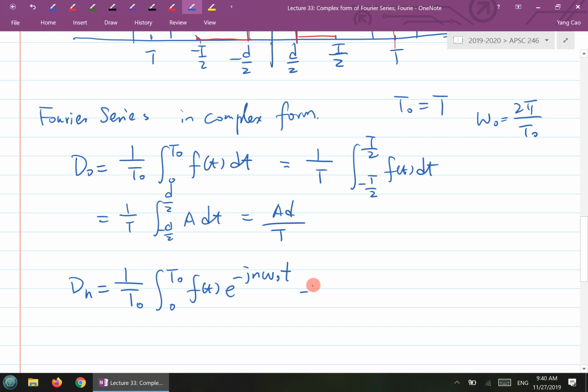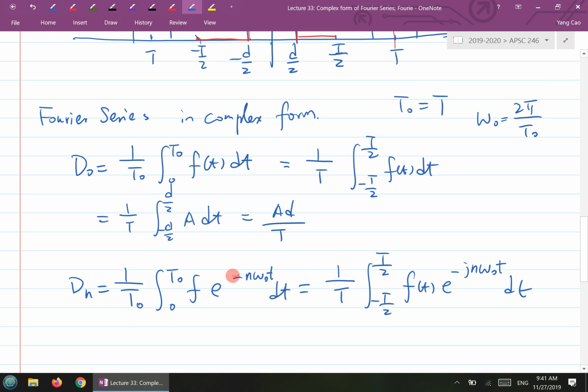So instead of integrating from 0 to t naught, we're going to integrate the same thing from negative t over 2 to positive t over 2. And within this interval, we only need to integrate from negative d over 2 to positive d over 2.